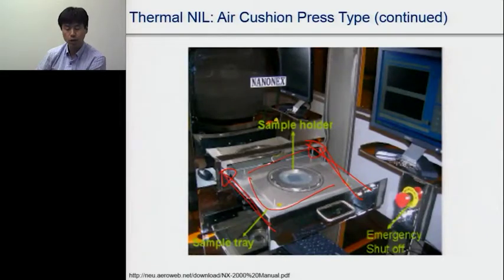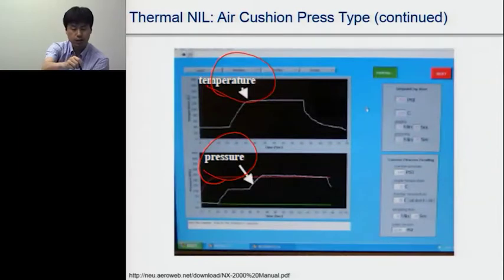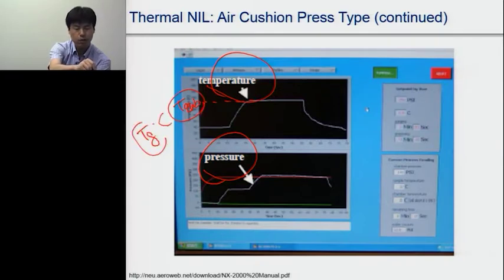Since in the middle of this stack, as I showed you, there is a thermocouple already mounted, the thermocouple gives feedback. Based on that, we increase the temperature to the embossing temperature, which is higher than the glass transition temperature.